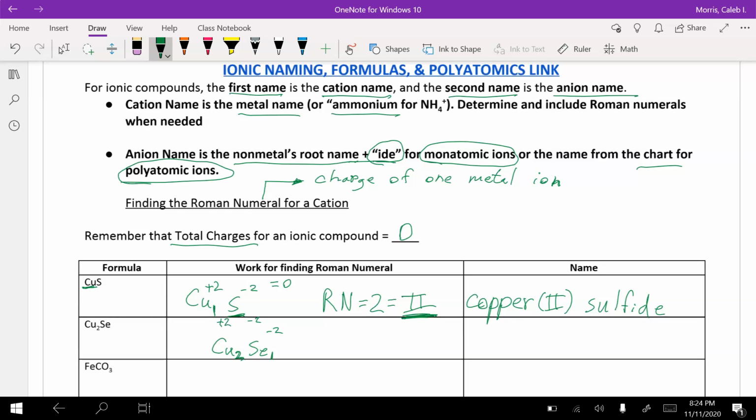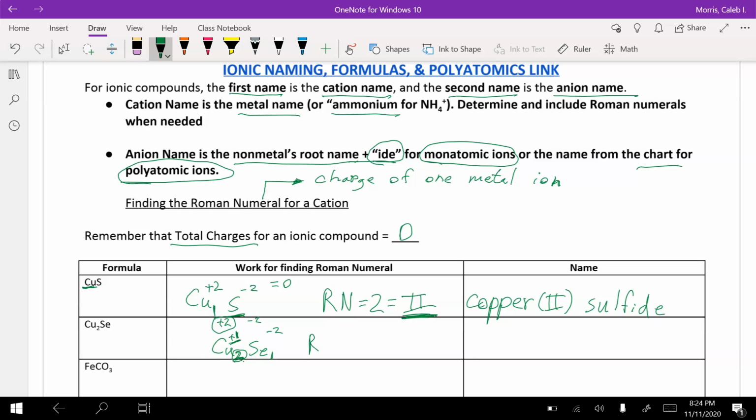Now, I need to make sure that I evenly distribute that charge, and the way we do that is we divide. So whatever that positive number is, we need to divide it by the subscript. So +2 divided by 2 is +1, and that is the number I'm looking for, +1. It's the charge of each copper ion.